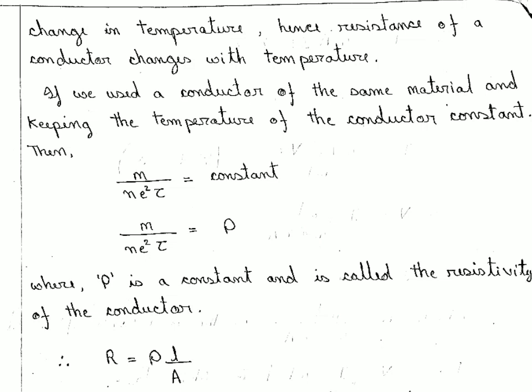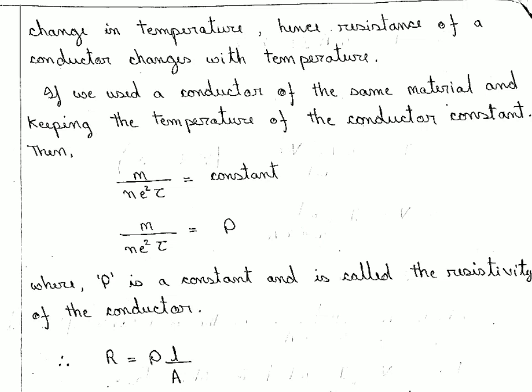Then again here, if we use a conductor of the same material, and keeping the temperature of the conductor constant, then this M divided by NE squared tau will be constant. So here we're taking the same material and the temperature is also constant, so N and tau are constant.